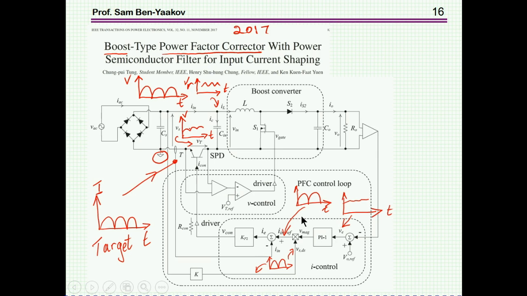So this feedback is responsible for making the current through this transistor, and therefore the input current, have the waveform of a half wave rectification as needed for power factor correction. Because we would like to have a sinusoidal current at the input, and this will be accomplished if the current after rectification looks like this. So we force this current by comparing it to this reference, which has been generated, amplified, and fed to the base of this transistor.